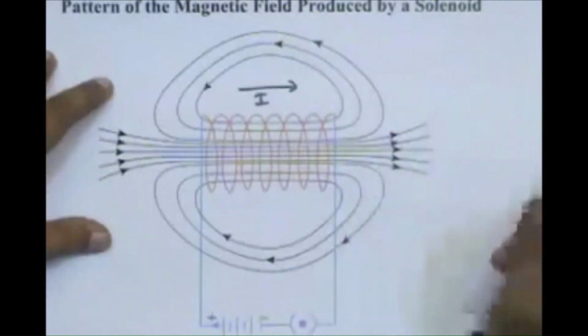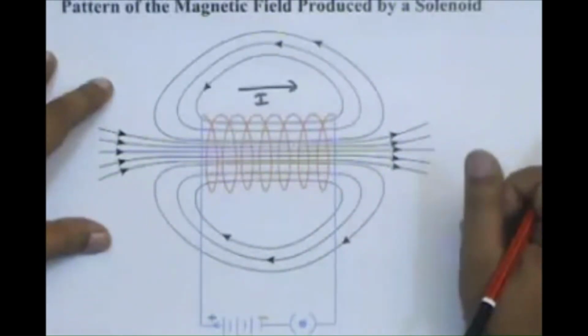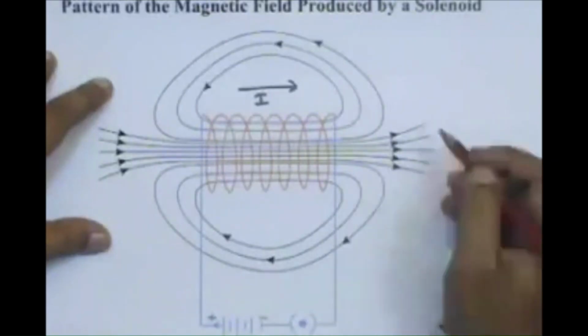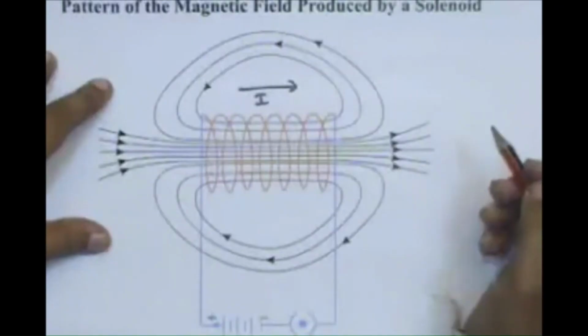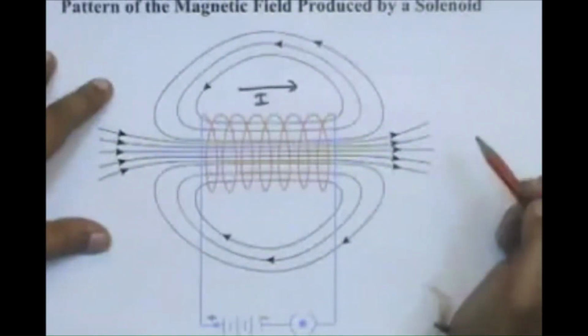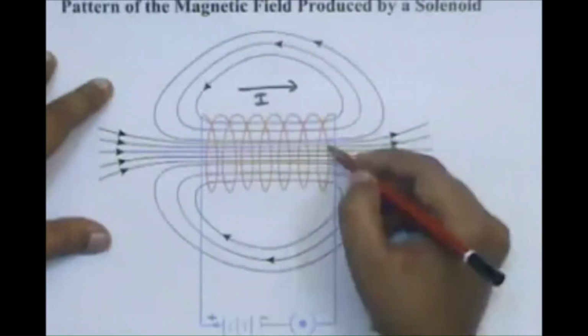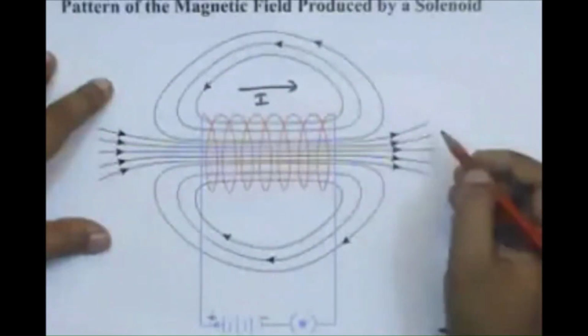This overall solenoid behaves as a temporary bar magnet. Temporary because whenever we switch off the current, the magnetic field will disappear. And bar magnet because the bar magnet has a similar kind of magnetic field line which originates from one point, makes a complete loop and terminates at the other end.